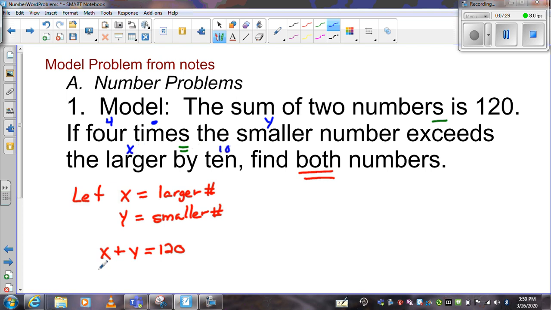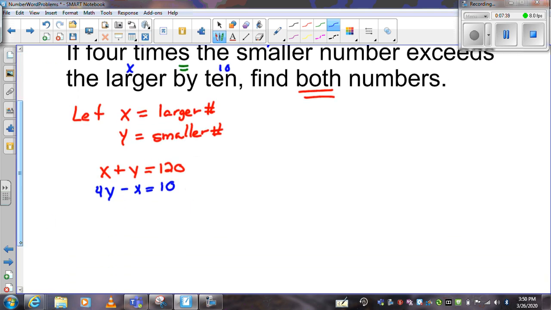So your second equation is 4y minus x equals 10. Now we just have to decide how we want to solve that. I think for me, I'm just going to reorganize this.